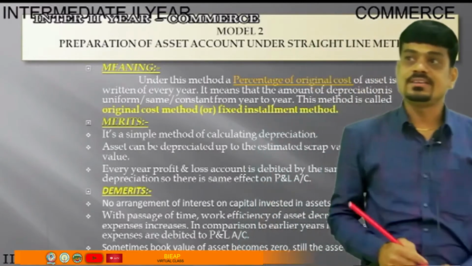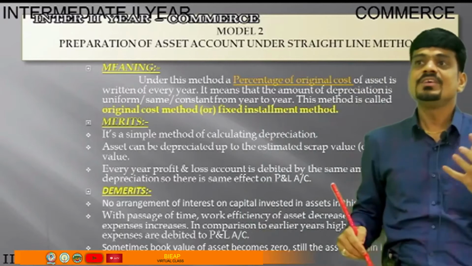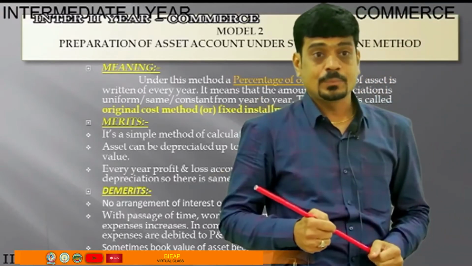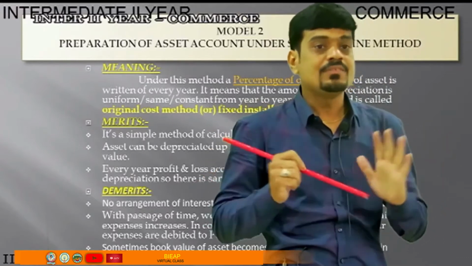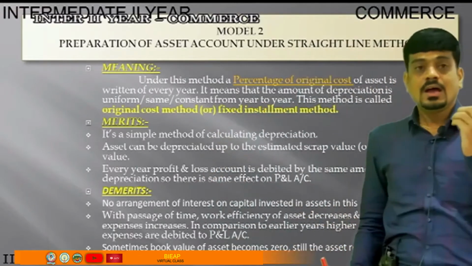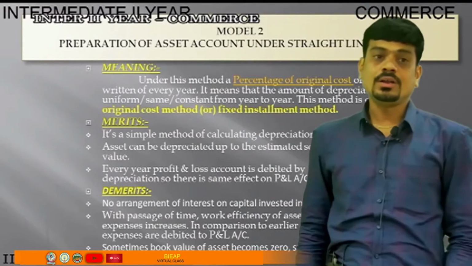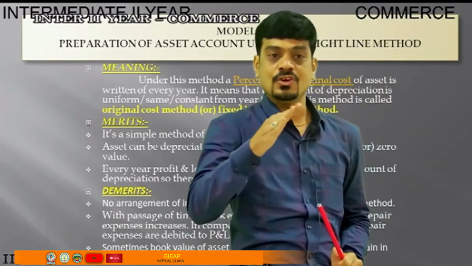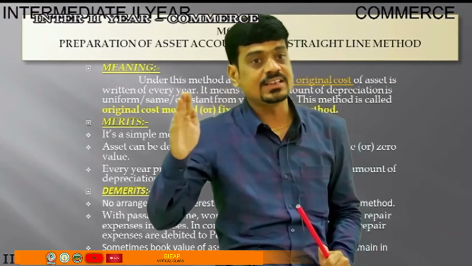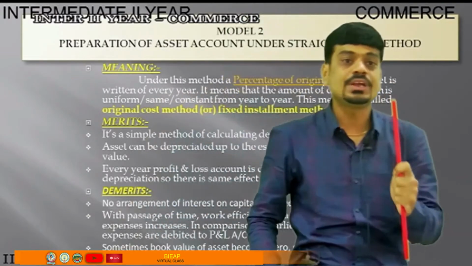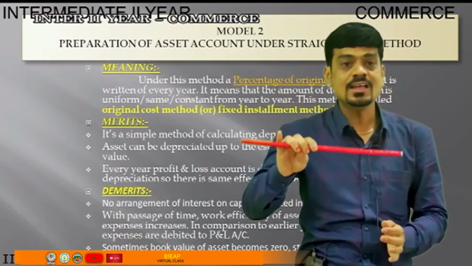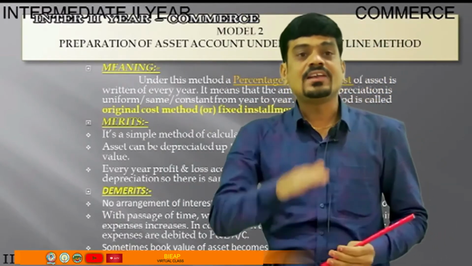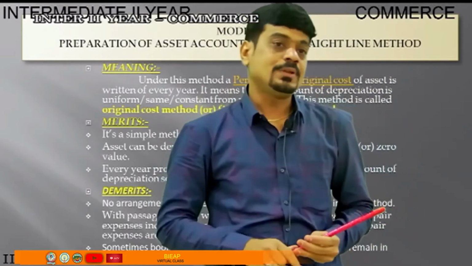Then comes the demerits. What are the demerits? We cannot make arrangement for interest on the capital. Another important defect is this: scientifically, we know with the passage of time, the value of asset is decreasing. So we should even decrease the amount of depreciation. But what are we doing? We are charging the same amount of depreciation.